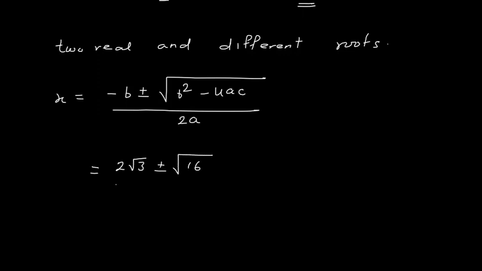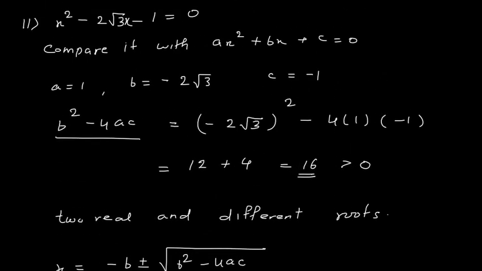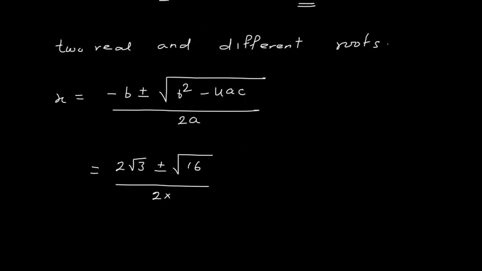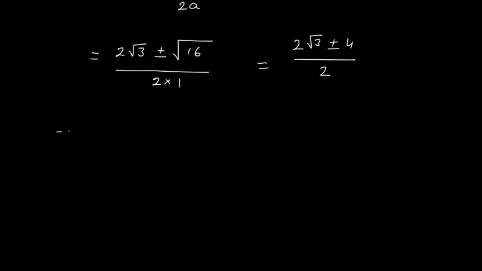16 upon 2 into the value of a is 1, 2 into 1. So this will give us 2 root 3 plus or minus 4 upon 2. So therefore x is equals to, now this 2 we can take common.